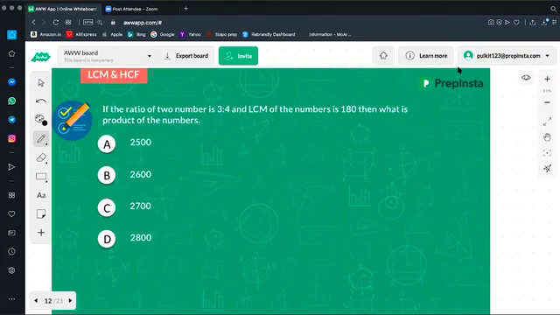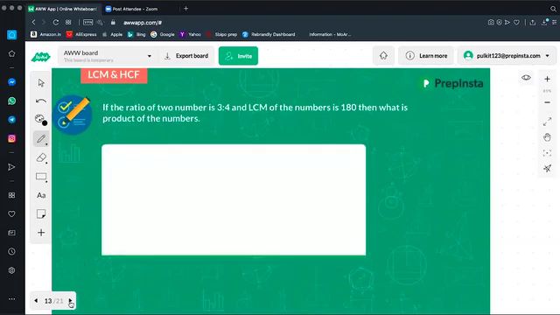Okay. So the problem says the ratio of two numbers is 3:4.